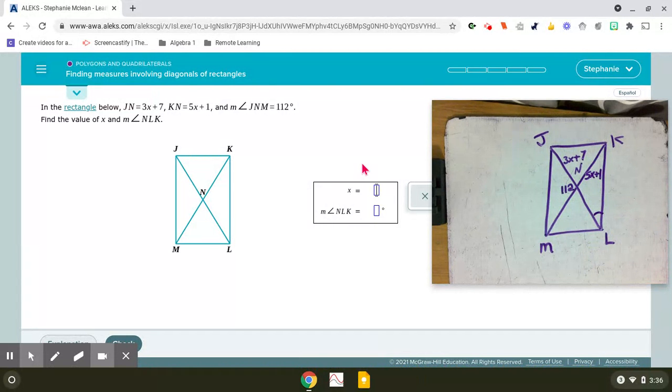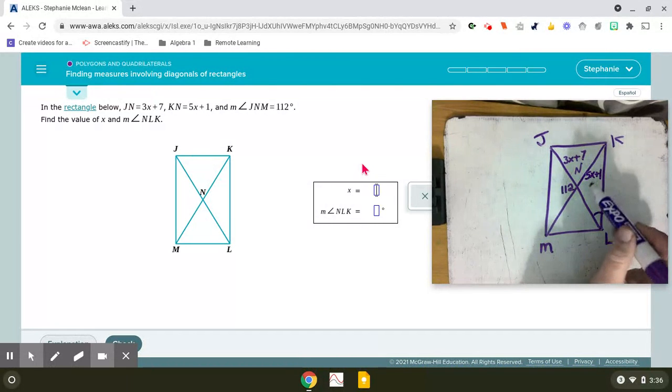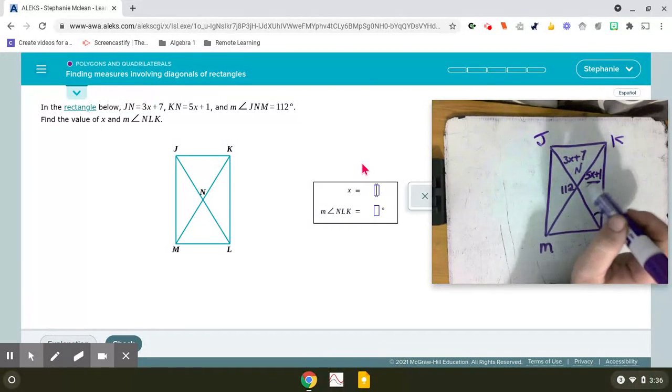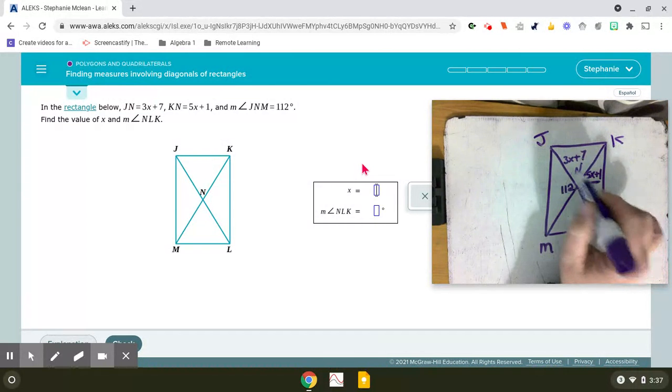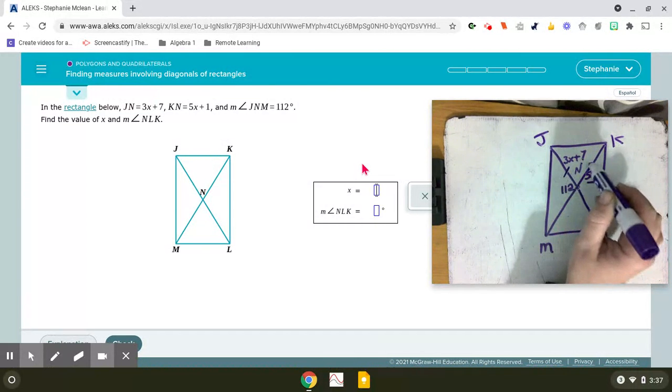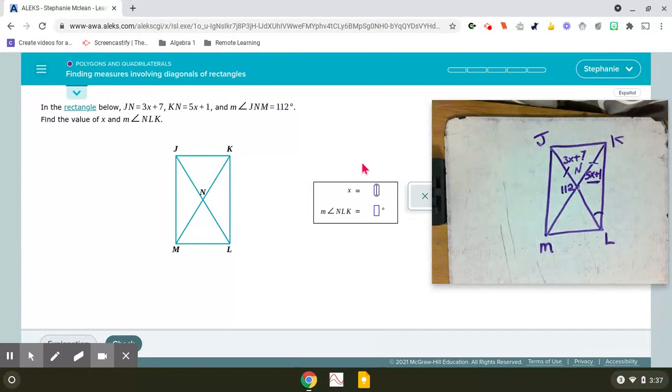The first thing they asked me for is to figure out what x is. In a rectangle, one of the special things is that the diagonals are equal. If the diagonals are equal and they bisect each other, that means that this one is also equal to that one.